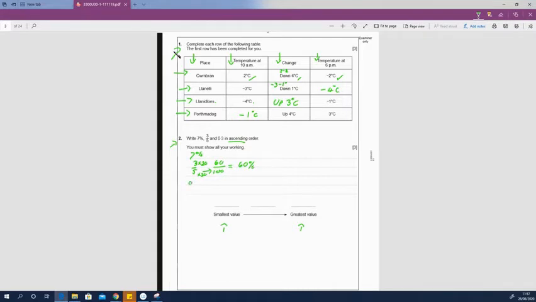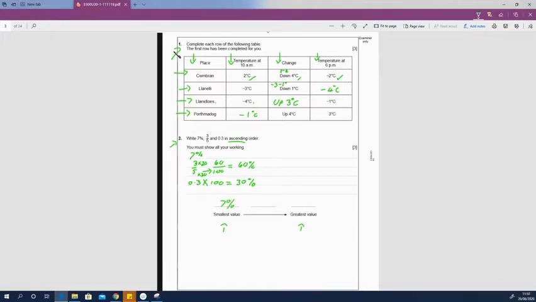Let's look at 0.3. 0.3 is a decimal. To change that to a percentage, all you do is multiply by 100. So 0.3 multiplied by 100 is 30%. So let's look at our three numbers, 7%, 60% and 30%. The smallest amount here is 7%, so I'm going to write that in.